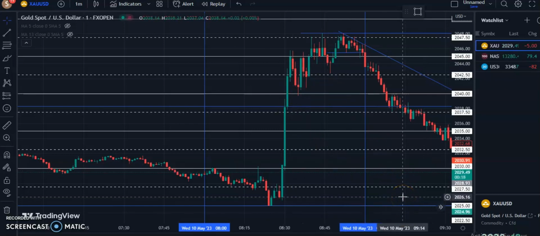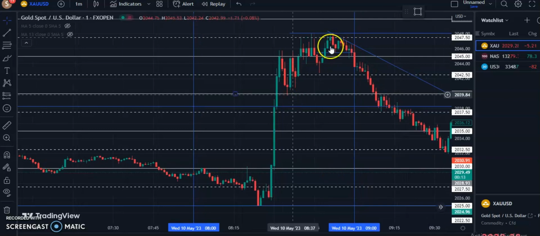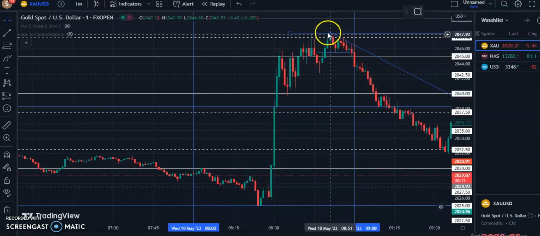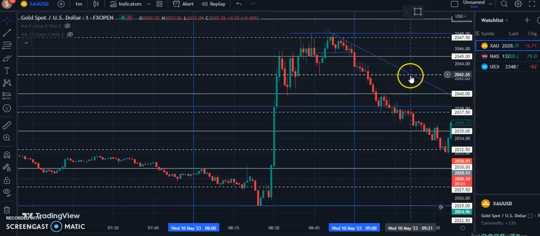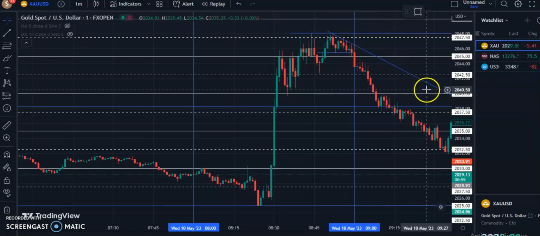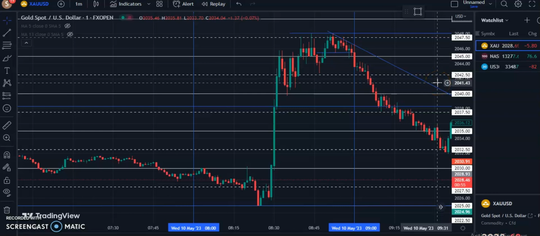So I wait for, you see, the market in the first hour gives us a nice trend line where we know the price can come back to retest. I'm waiting for the price to come back to this trend line, and then after it has crossed this trend line, I'm looking for the pump and dump setup, a mini pump and dump setup.